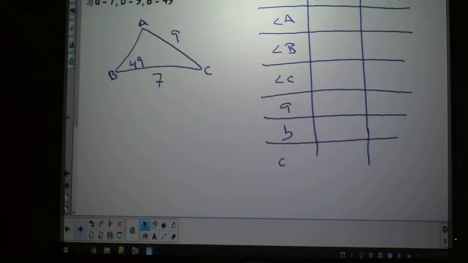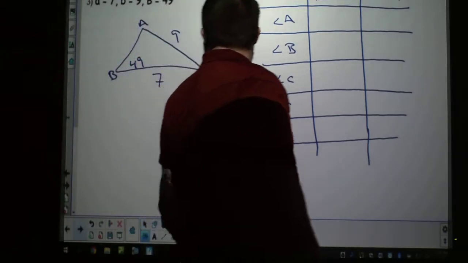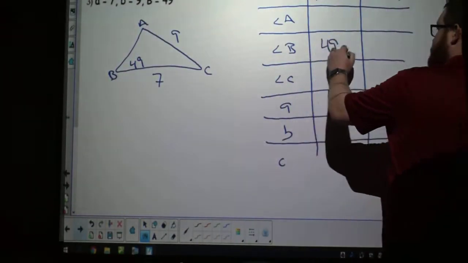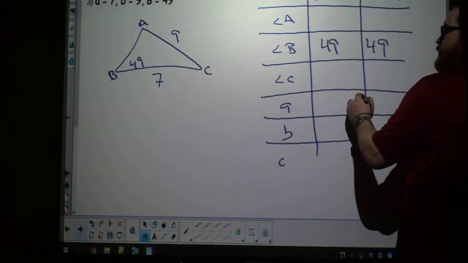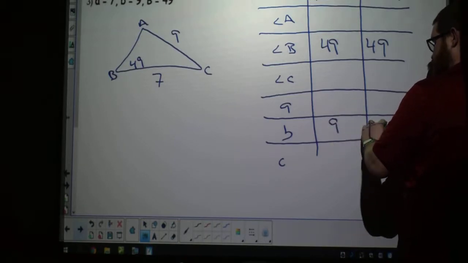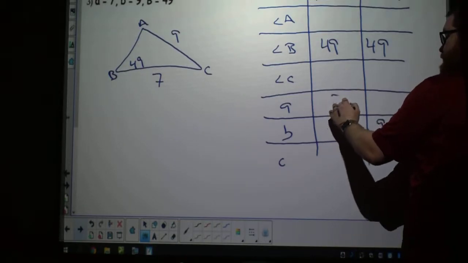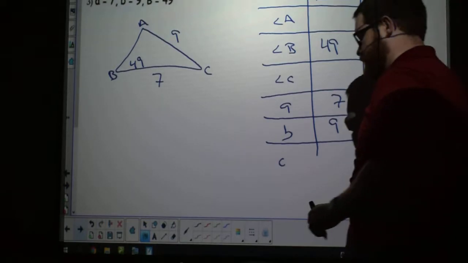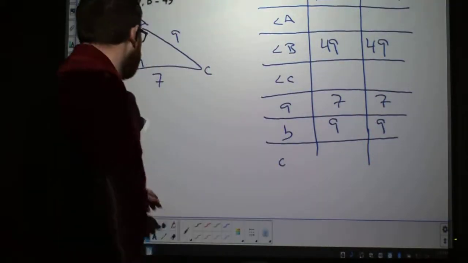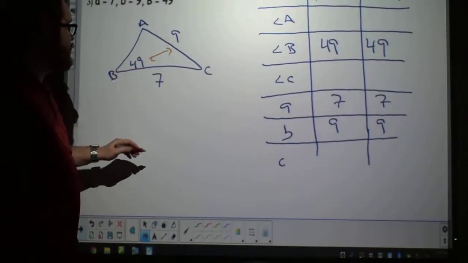Let's try this triangle. Side A is 7, side B is 9, angle B is 49. So let's fill in what we know. Angle B is 49, side B is 9, side A is 7. I'm going to match these two up, angle and side.